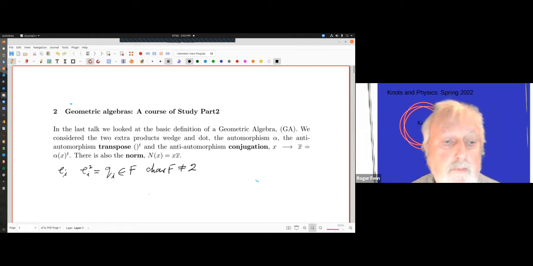Normally q_i is an nth root of unity, but it doesn't have to be. But usually q_i is plus or minus 1.